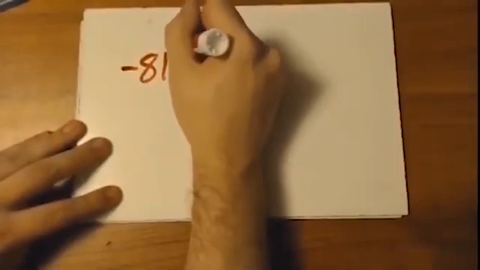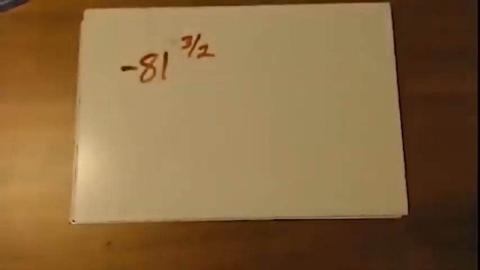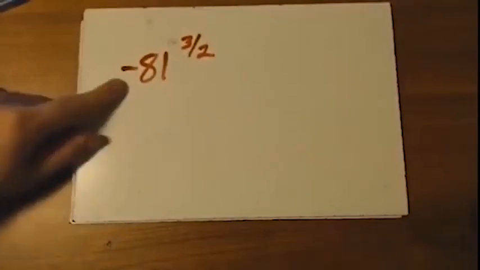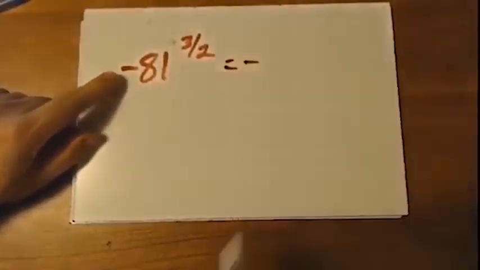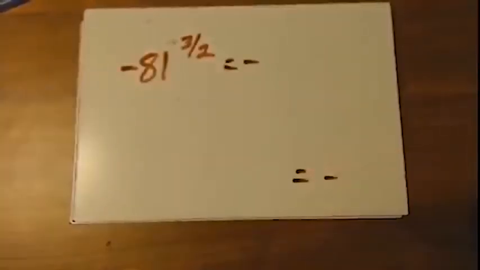C, negative 81 to the 3/2. The negative, since this is not in parentheses, is just going to carry into our final answer. So whenever we're done, it's going to be negative.